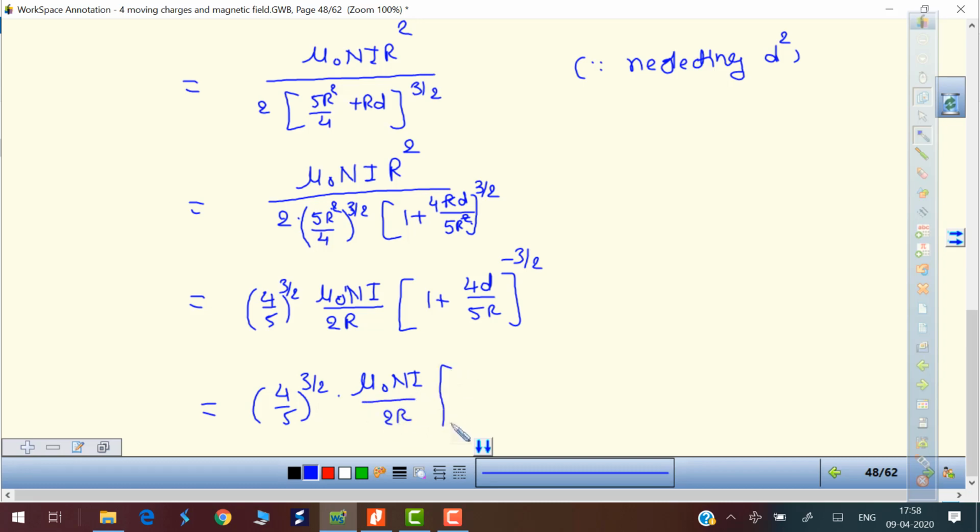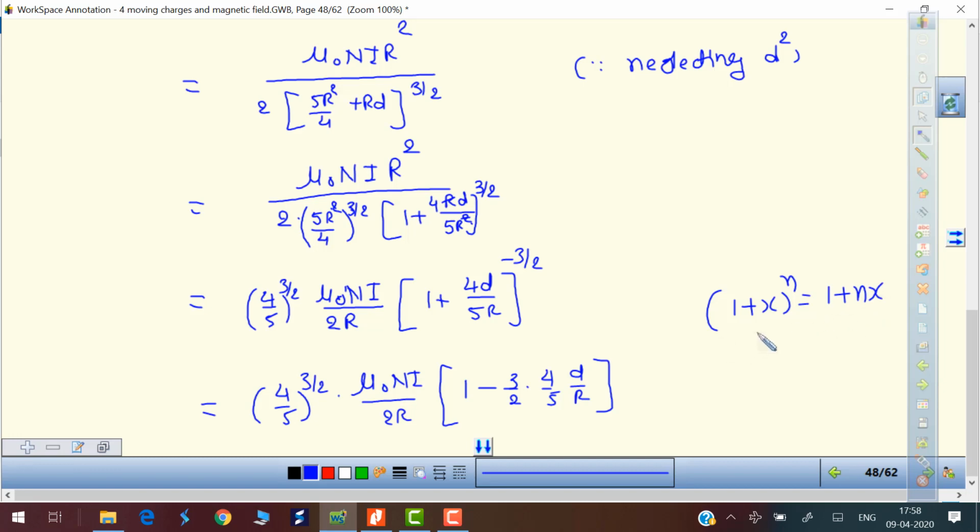Okay. So d is small, so this value is very small compared to 1 because d is very small. The condition is given, no? It was written at the beginning, so the condition is there. When the value is small, we can neglect higher order terms. So I write directly 1 minus 3 by 2 into 4 by 5 d by r. If you don't remember, 1 plus x raised to n becomes 1 plus nx.